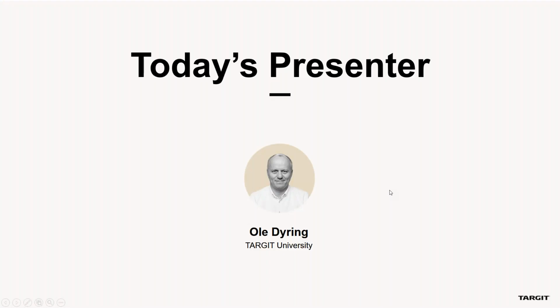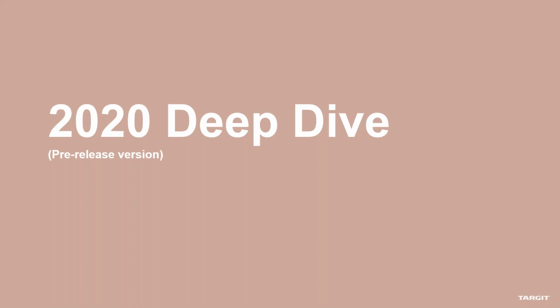Okay, so my name is Ole Deering, and I'm going to present the Target 2020 version in this webinar called the Target 2020 Product Deep Dive. It is a pre-release version that you're going to see today, and maybe some of you attended the webinar from yesterday, the introduction webinar, where among others, our CTO Tommy Jensen had a roadmap presentation.